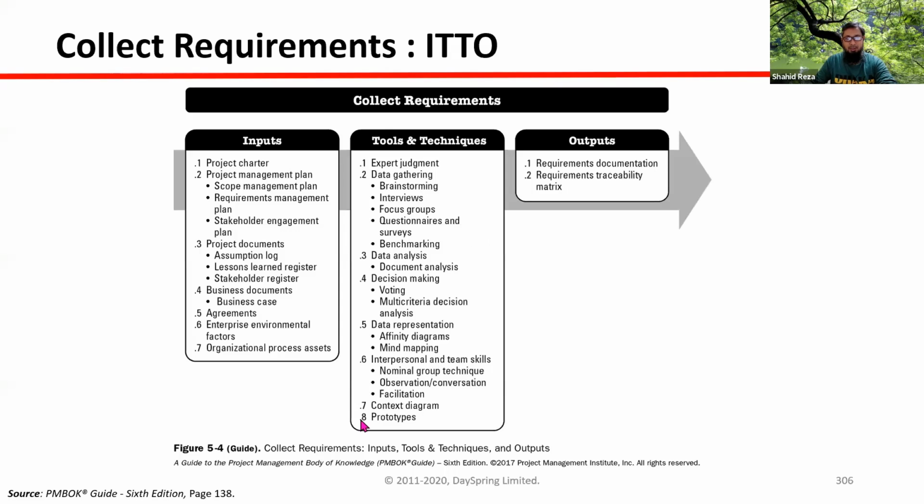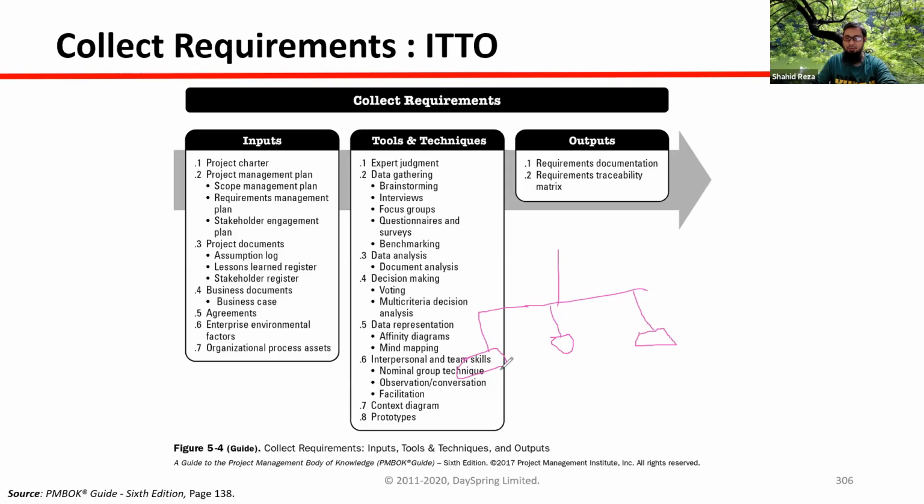All right. So I will start with data representation, affinity diagram. Most probably I discussed affinity diagram. Affinity means relevancy. Depending upon the relevancy or category of the requirements, we can graphically present the requirements like a tree structure. Say hardware, what are the hardware requirements we need? What are the software requirements we need?